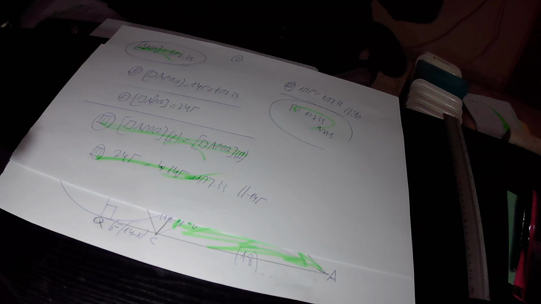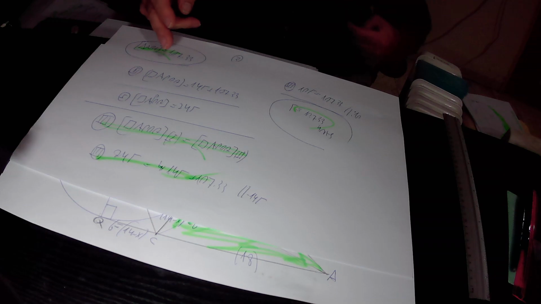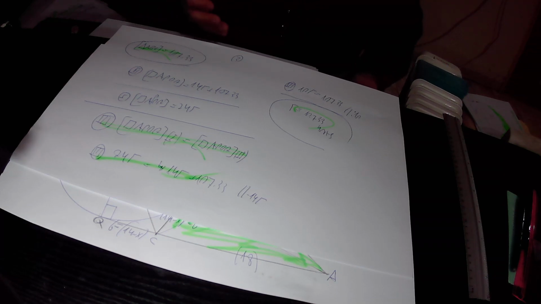According to the first method of calculation, we already found out that the area of the big quadrilateral APOQ equals 24R. So we have two equations for the area of quadrilateral APOQ.